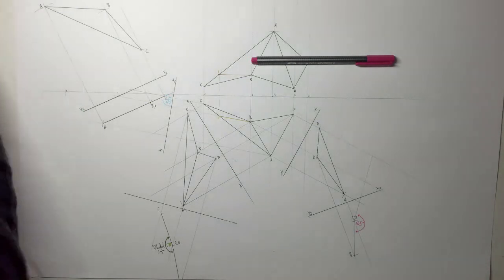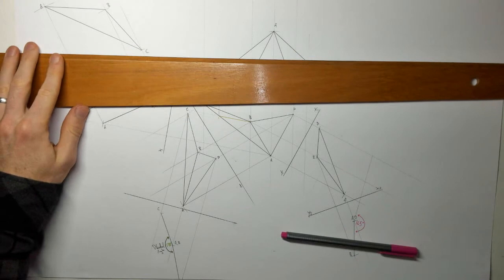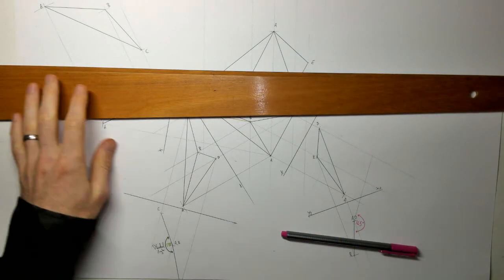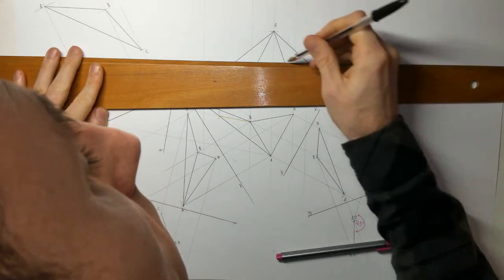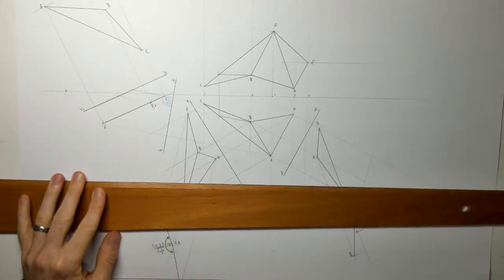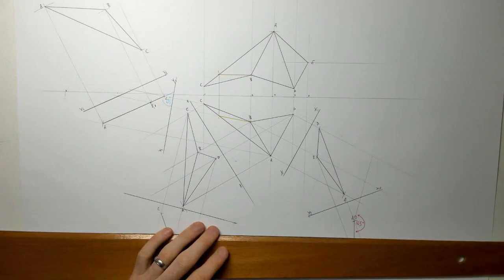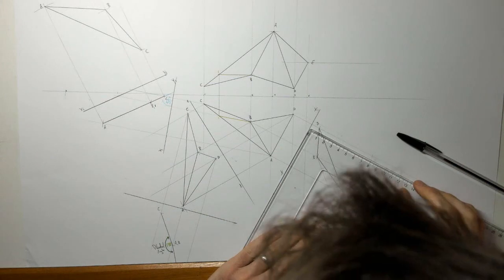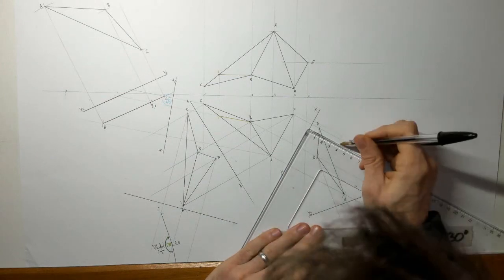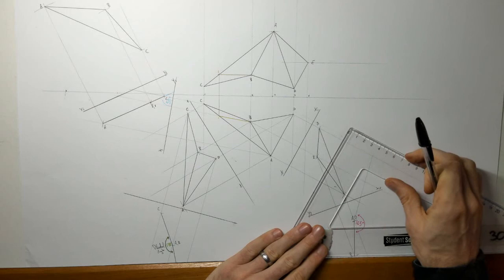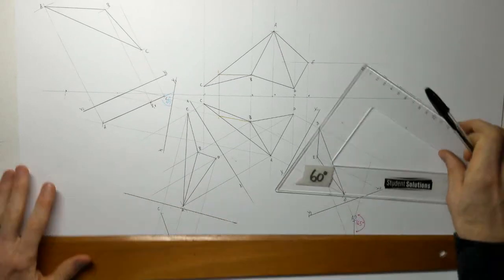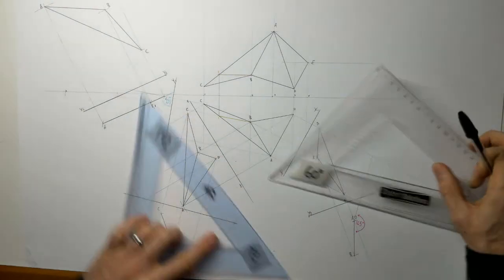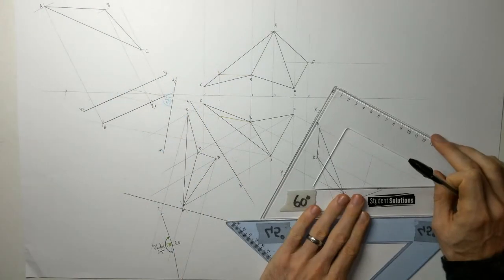So I'm going to draw a line here at a height there, a level line. And the corresponding level line here is going to be a height of 40. Let me just adjust a little bit there, so it's sliding here. Just a little bit more clear for you on that. I'm actually using sliding set squares here.